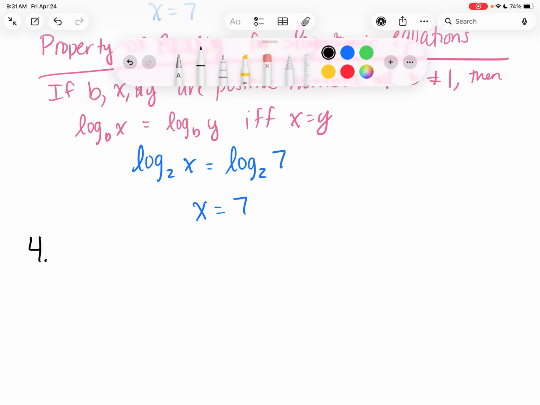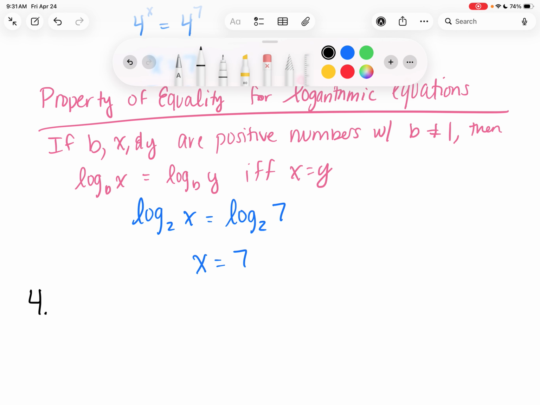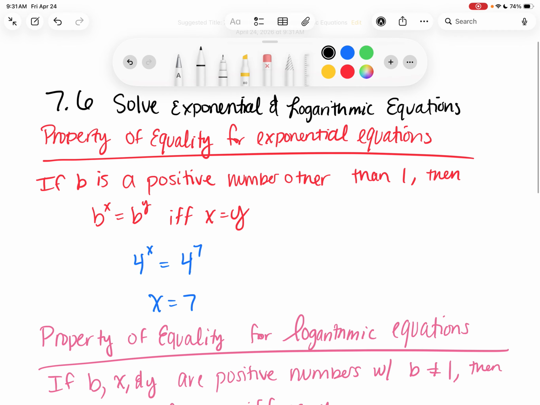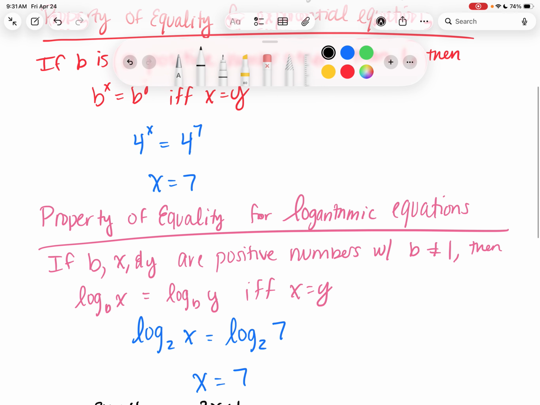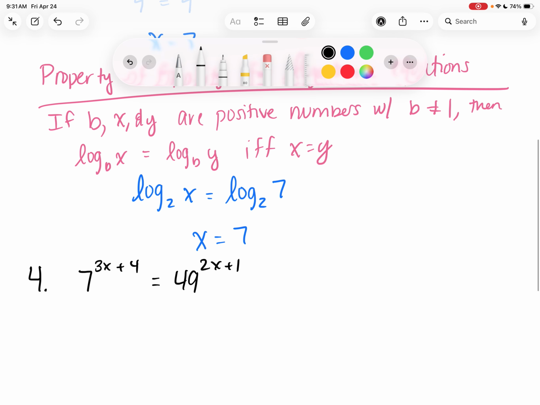Alright, solve the equation. Can you scroll up a little bit, please? 7 to the 3x plus 4 is equal to 49 to the 2x plus 1. For me to be able to use this property of equality for my exponential equations, the base has to be the same. I have a base of 7 over here and a base of 49 here.